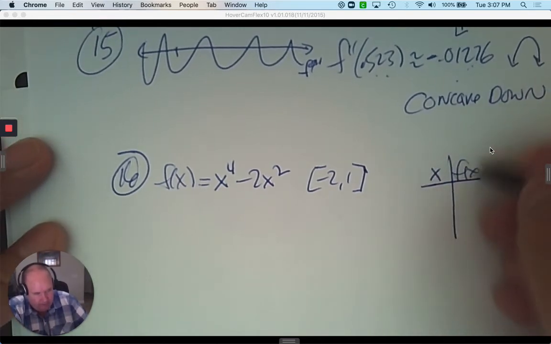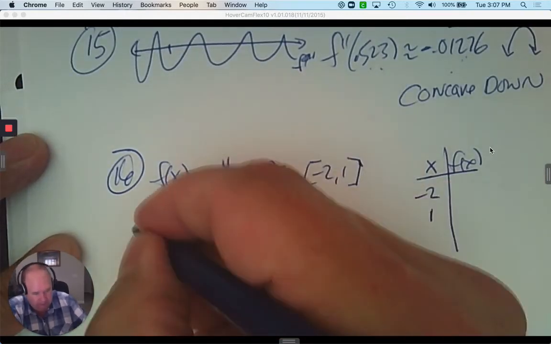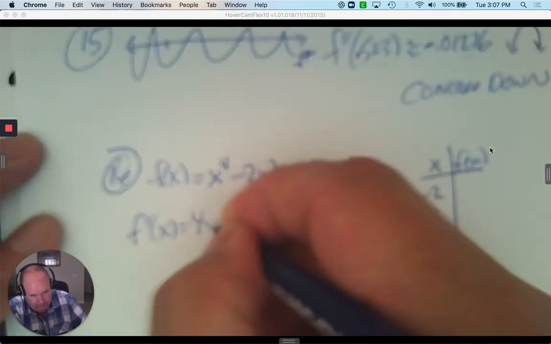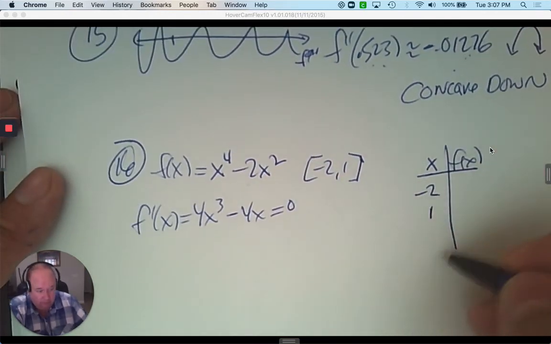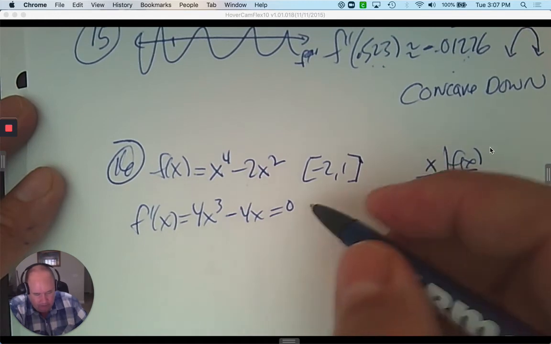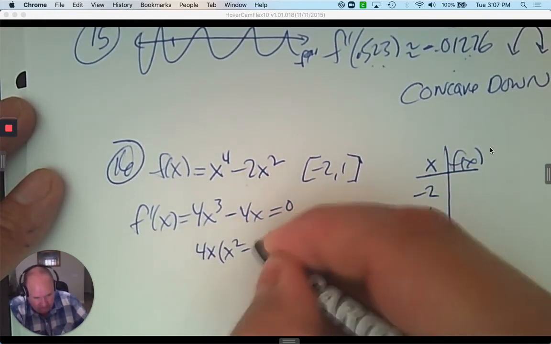And I'm going to include the endpoints, which are negative 2 and 1. And then I need to take the first derivative, make it equal to 0, and solve it for any critical numbers I'm also going to add to it. So if I solve this, factor out a 4 and an x, I get x squared minus 1.